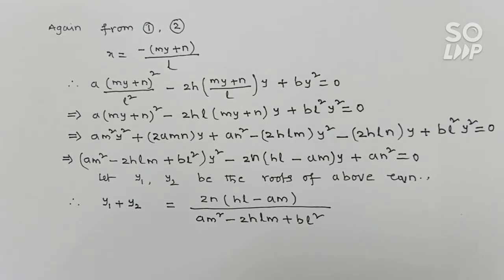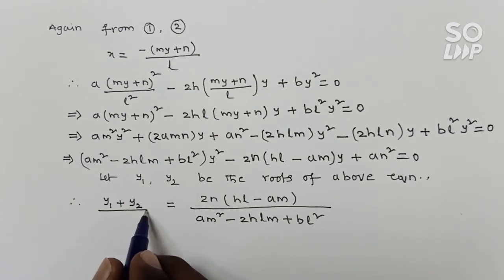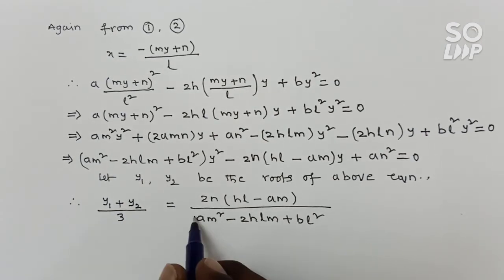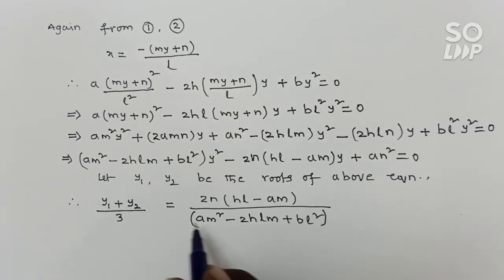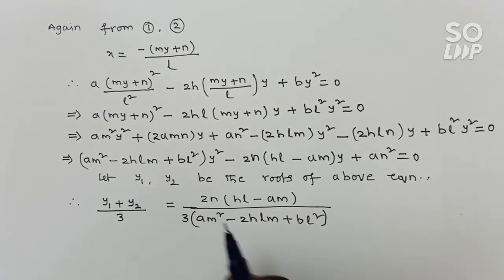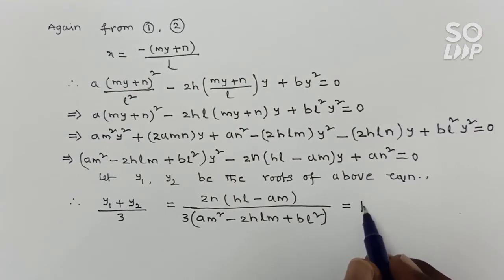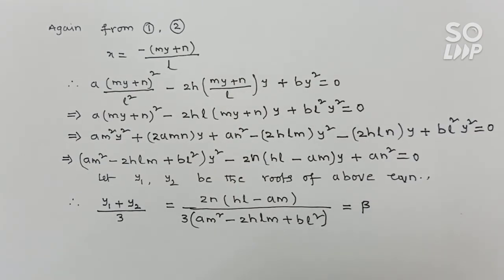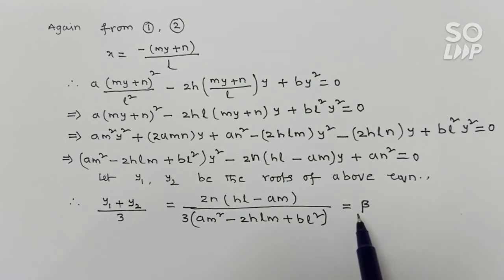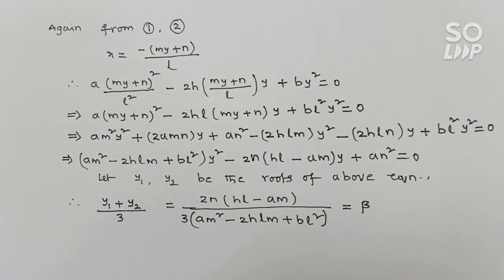This is y1 plus y2. After that you divide this by 3. This value will be equal to what? This is beta. According to the given statement, the centroid of the triangle is (alpha, beta). Already you have taken alpha in the above result. This is the next result.